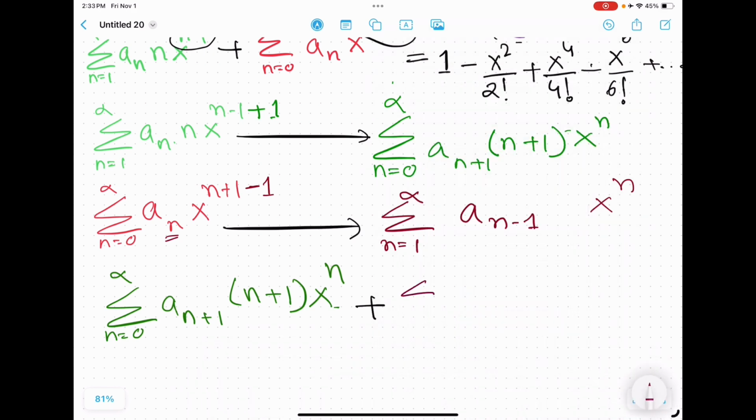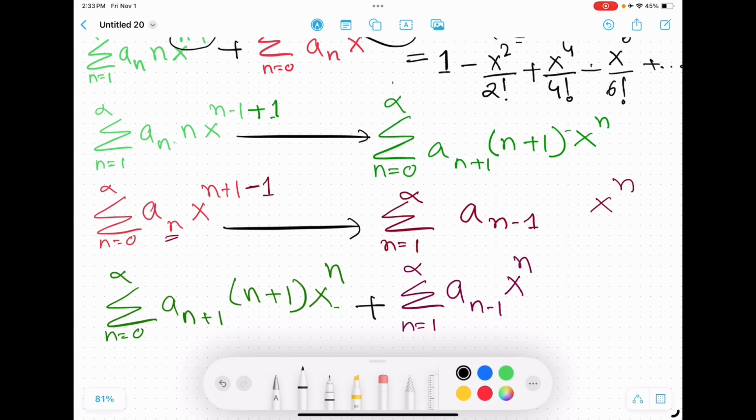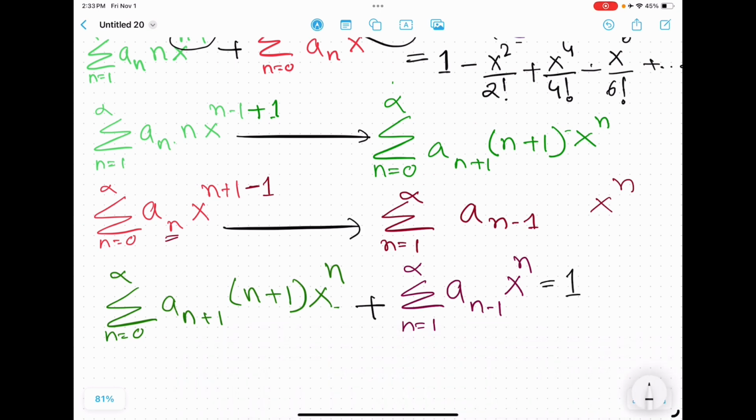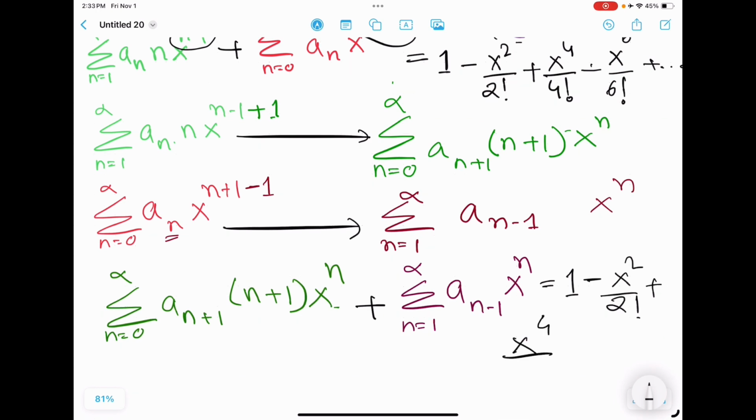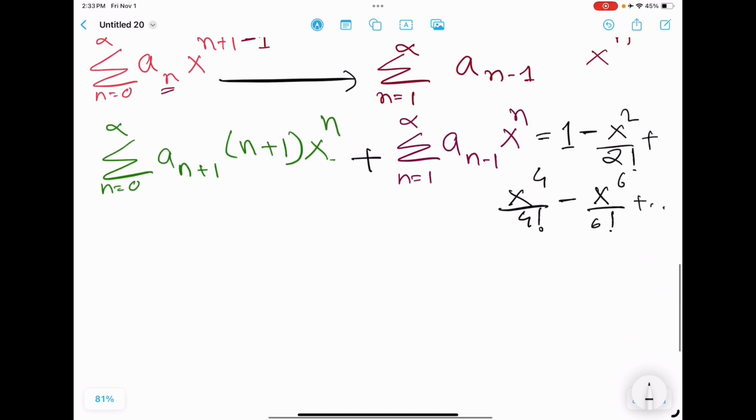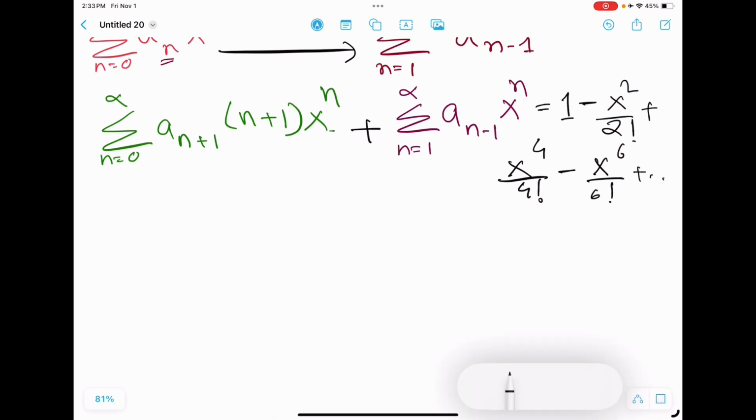So I have the summation n equal to 1 to infinity of a sub n minus 1 times x to the power n, and then writing my expanded power series for my cosine function. Even though I'm going to run out of space, it's fine. This is not the first time that it happened. Then 6 to 6 factorial, and so on. So I can see that my powers of x are now n. That means we have successfully done our second step.